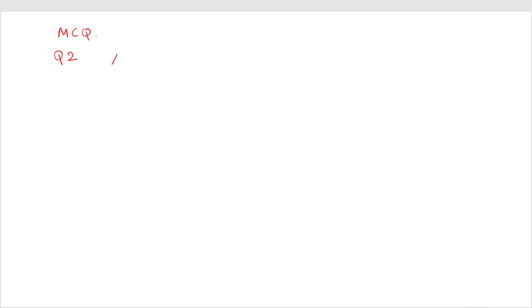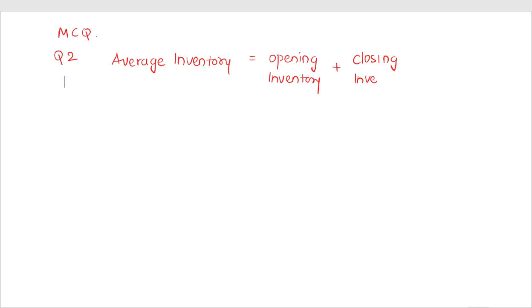It talks about the average inventory, which equals opening inventory plus closing inventory by 2.